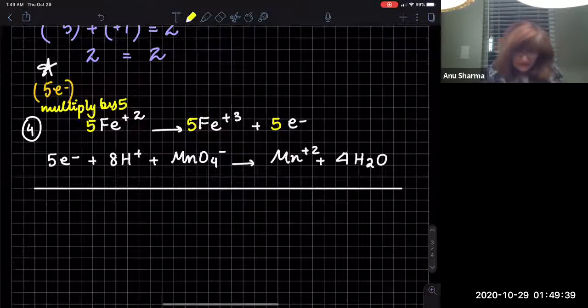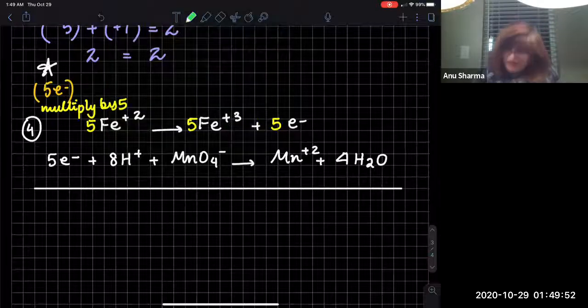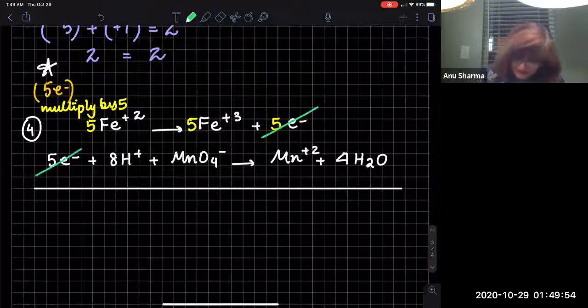Next you are going to cancel out what is common. As you can see, the 5 electrons here and 5 electrons here cancel out. What else can cancel out? Nothing else.